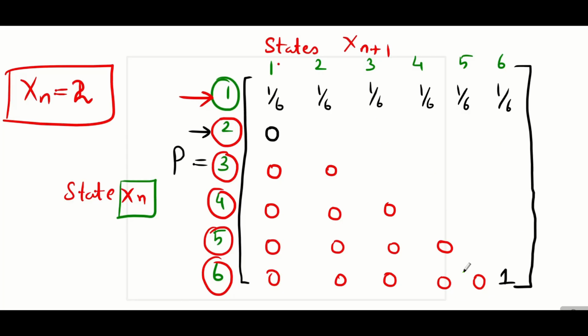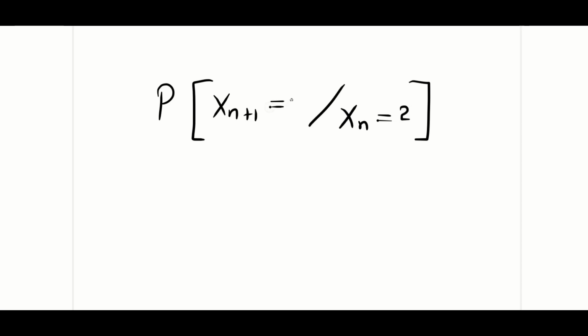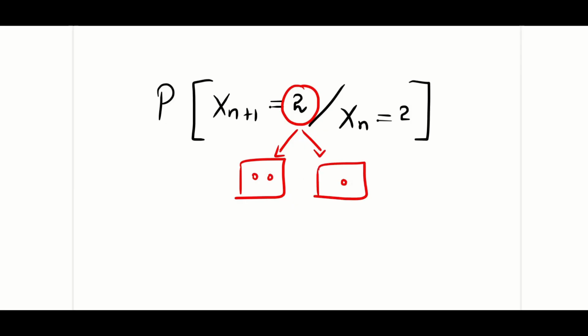Okay, I will explain row by row. So probability of Xn equal to 2, that means up to n trials the maximum value is 2. On the n plus 1th trial, what is the probability of getting 2? When you go for the n plus 1th trial, if your maximum number should be retained as 2, there are only 2 chances. A die should show either 2 or the die should show 1.